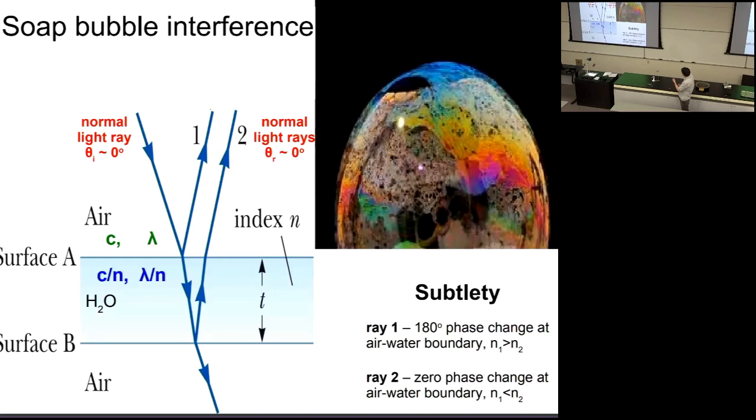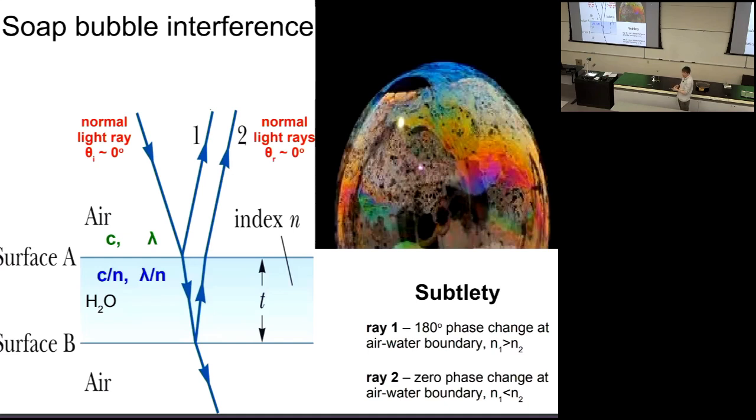When we see light from the soap bubble, what are we really seeing? Well, some light from, say, the sun is striking the soap bubble, and it's reflected off the soap bubble and entering your eyes. So when you see this colored pattern in the soap bubble, if you're outside, what you're seeing is the reflection of sunlight off the soap bubble.